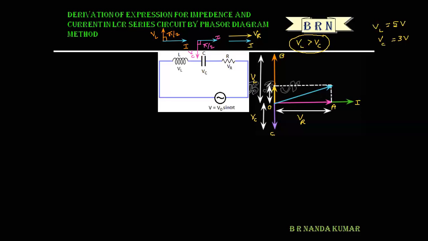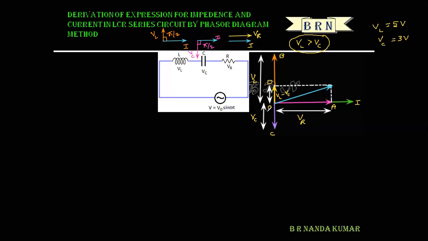The resultant of VL and VC is VL minus VC, and that is represented by the vector OD. The OD vector represents the resultant of VL and VC.